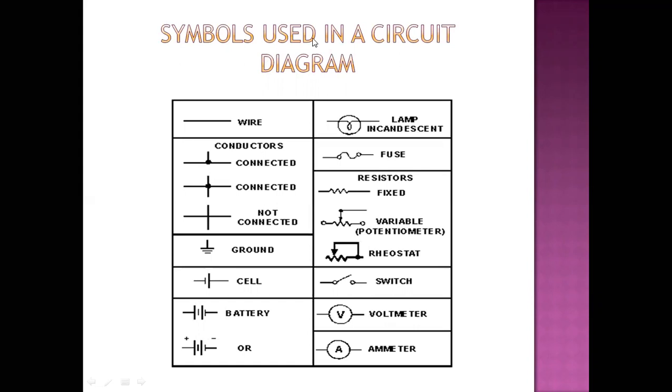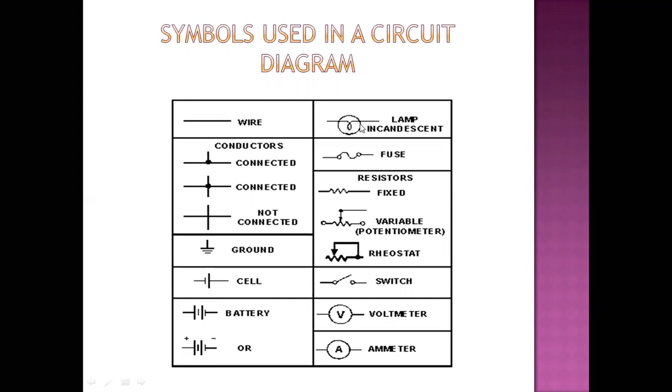This is again some symbols of an electric circuit that you have to keep remembering. This is the symbol of a wire, a conductor or connecting wire. This is a connection, and this is the symbol of not connected. Ground wire; one cell; many cells connected make a battery, or in this form we can show the battery.